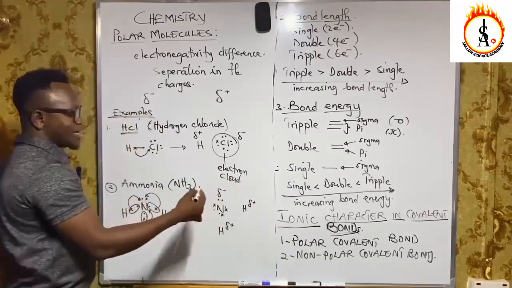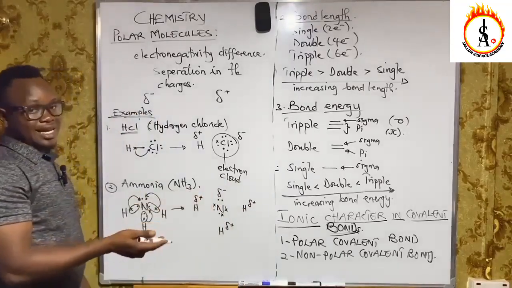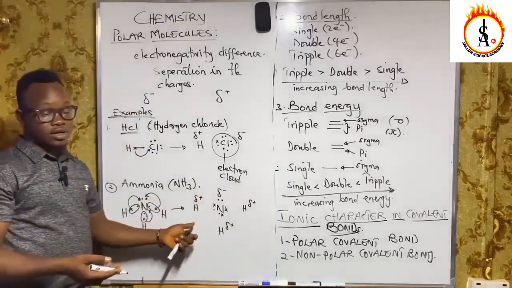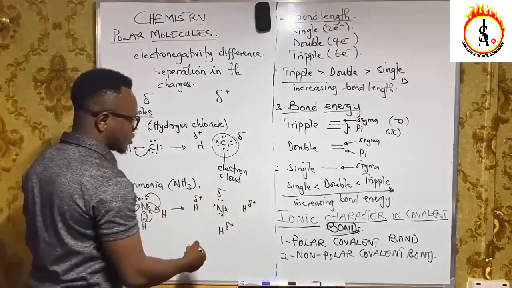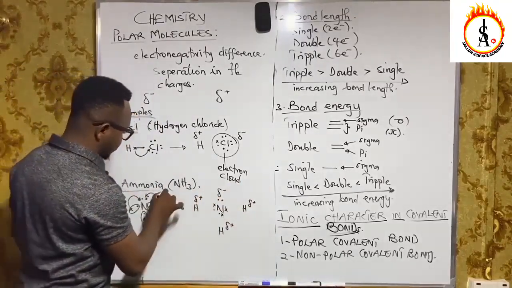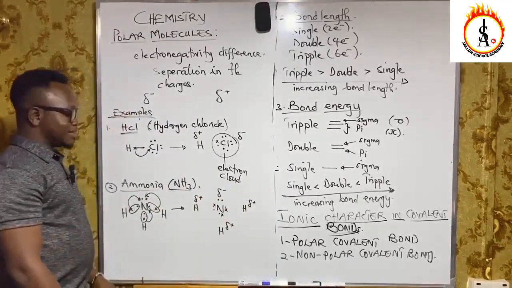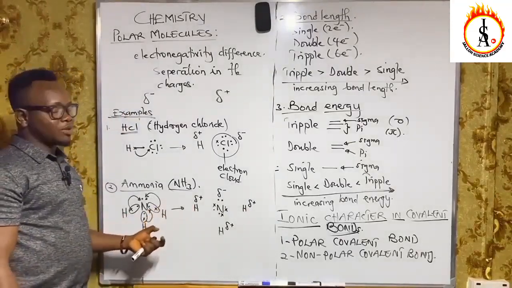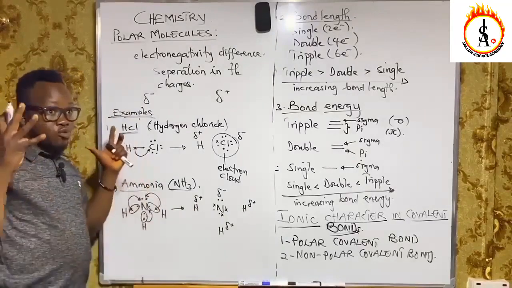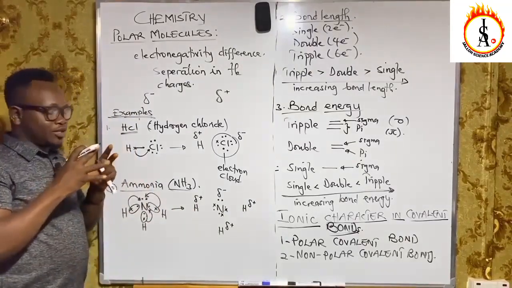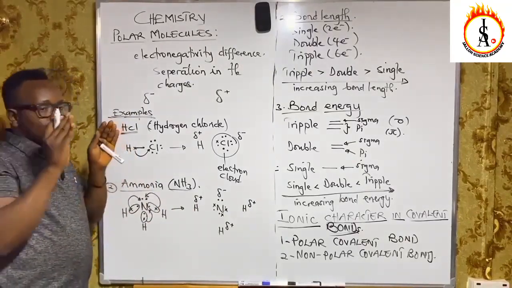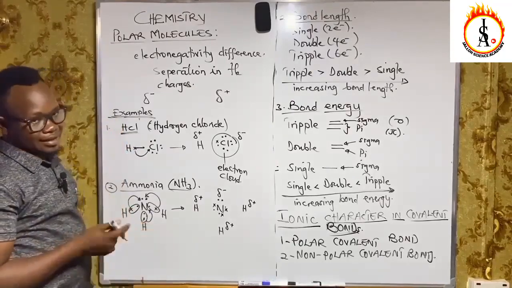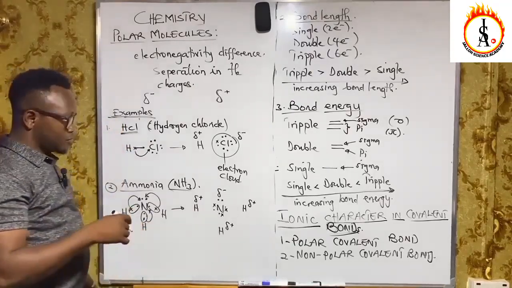Mind you, this is the lowercase letter for delta, a small letter. So it gets these charges. So that also tells us that ammonia is a polar molecule because the nitrogen atom in it has the ability of pulling the shared pairs of electrons towards itself. So the electron cloud is shifted towards the nitrogen atom.